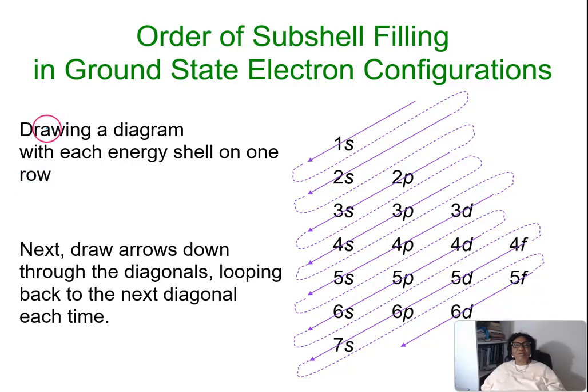So draw the diagram with each energy shell on one row. Next, draw arrows down through the diagonals, looping back to the next diagonal each time. You write this down first.